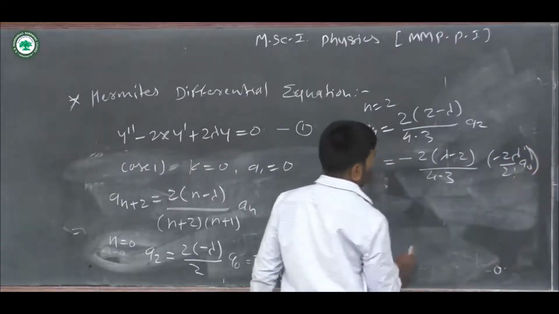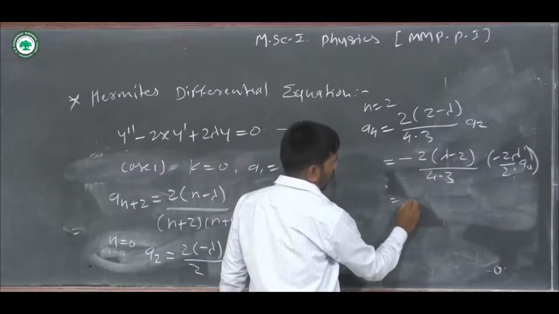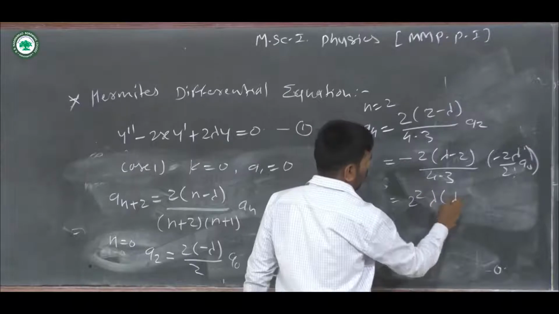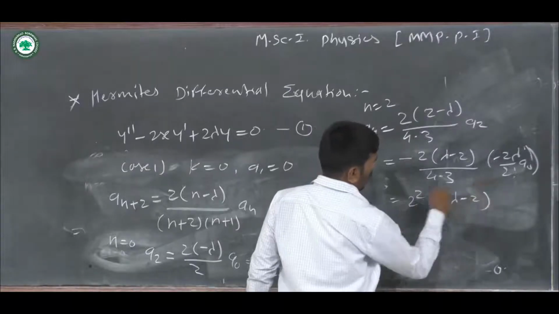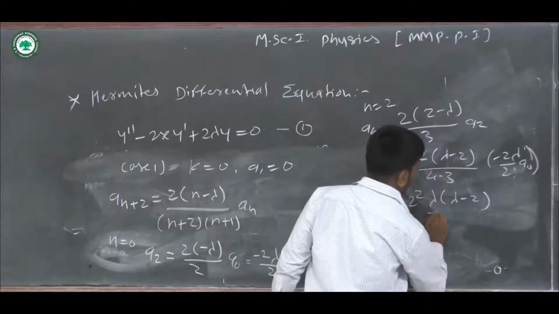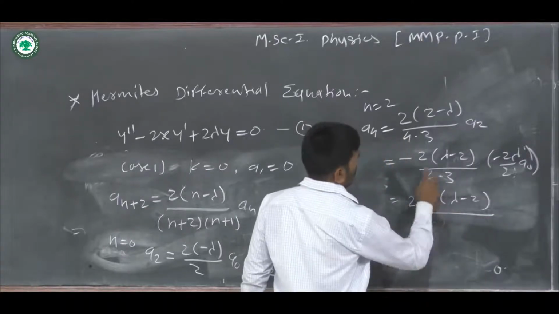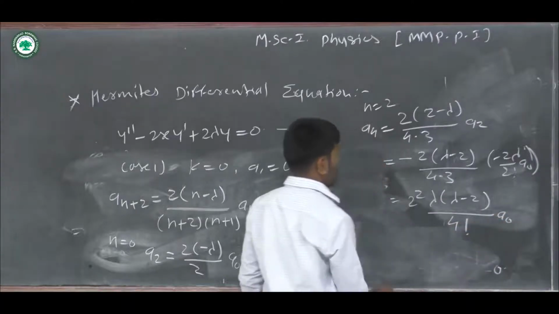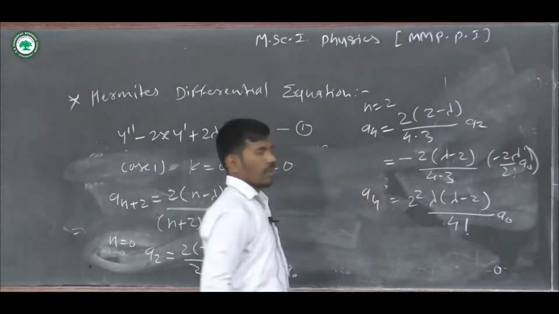Minus minus will be plus, so 2 square into lambda into lambda minus 2, divided by 12, into 4... here is a 2 factorial and here is a 4 factorial times a naught. This is the value for a4.